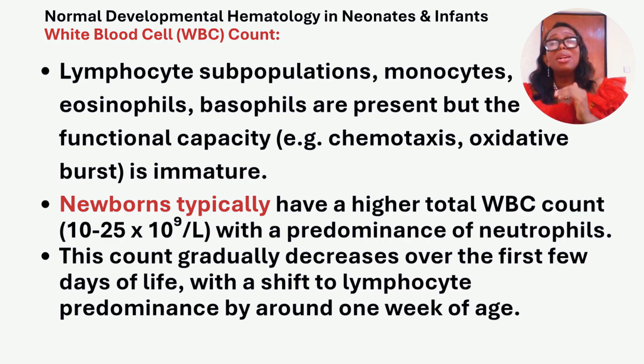So high total white cell count in the newborn is normal. The range is actually between 10 to 25 times 10 raised to the power 9 per liter. And the predominant white cell at this stage is neutrophils. Neutrophils are predominant, but this high level of neutrophils at birth gradually decreases over the first few days of life, with a shift to lymphocyte being predominant by around 1 week of age.